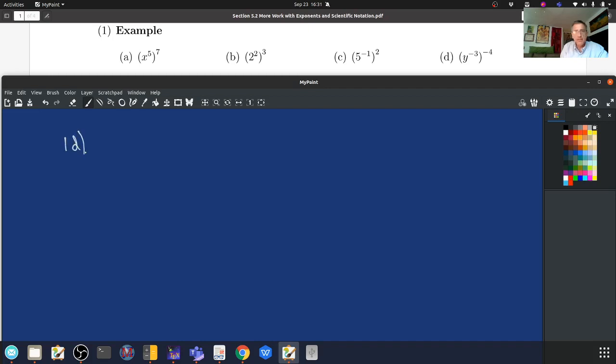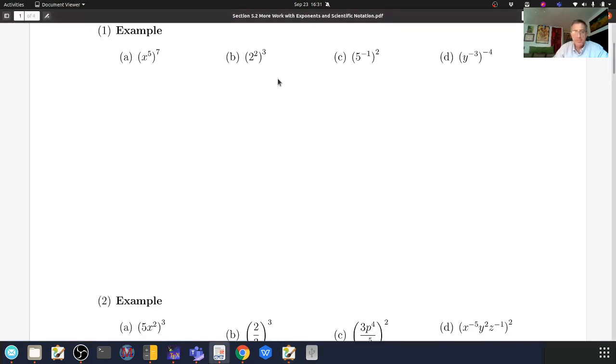1d, y to the minus 3 to the minus 4. Again, it's something with an exponent raised to another exponent. So that's y to the minus 3 times minus 4, which is equal to y to the 12, because minus 3 times minus 4 is 12.